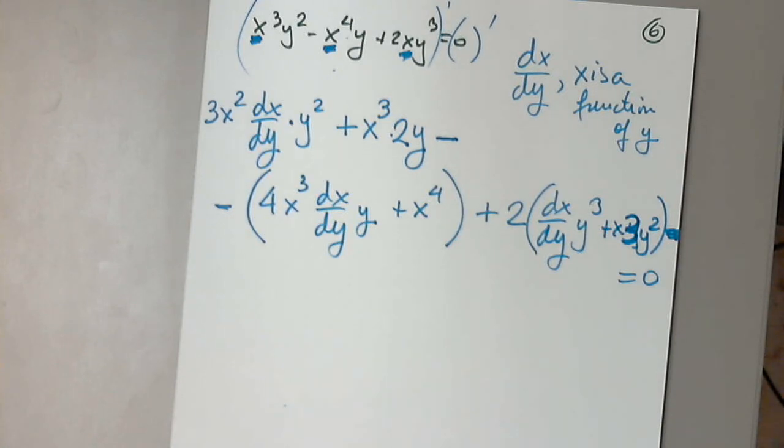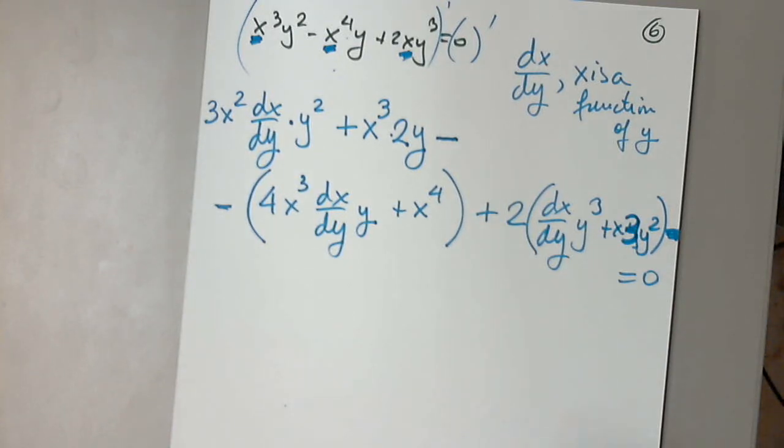One more time, the last product: 2, x prime is dx over dy, y cubed is y cubed, plus x times 3 times y squared, because y is the variable, not the function.